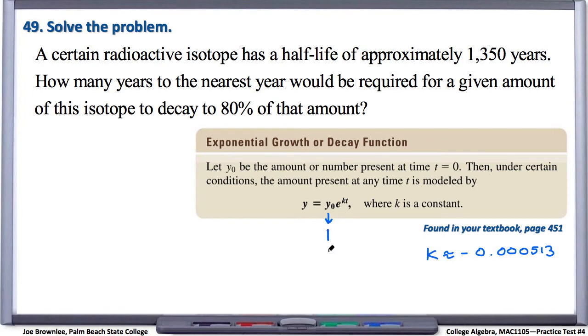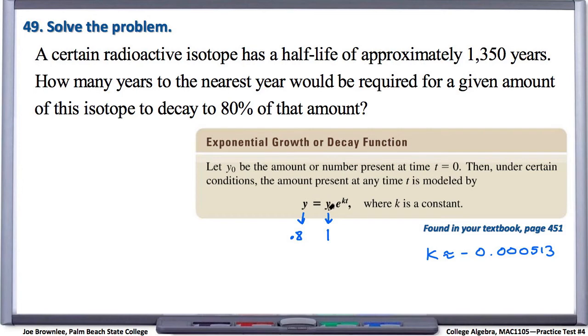We're looking for it to decay to 80%. How can we write 80% of 1 milligram? That would just be 0.8 times 1, or just 0.8. So our y value is 0.8.